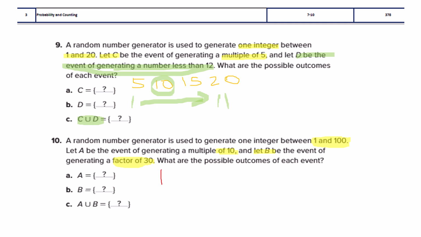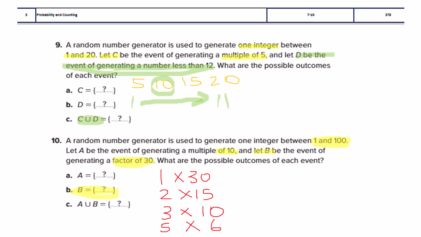So we always start with 1 and 30, 2 and 15, 3 and 10. 3 multiplied by 10 gives me 30. And then we go on to, we cannot use 4, but we can go to 5. 5 times 6 gives us 30. So these are all the factors of 30, and they would be the event for B.